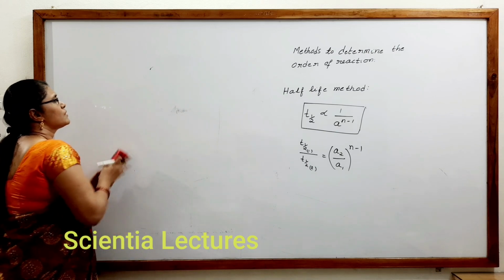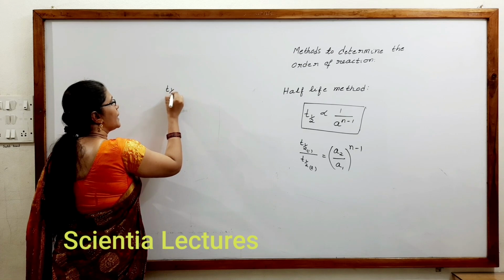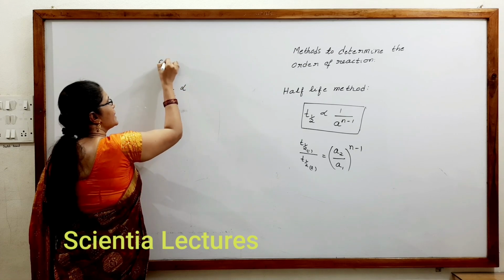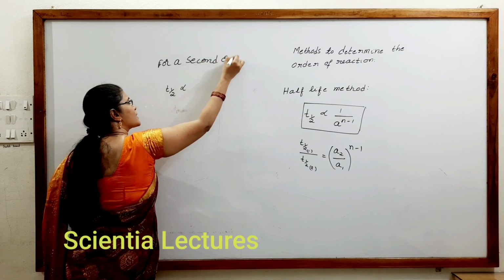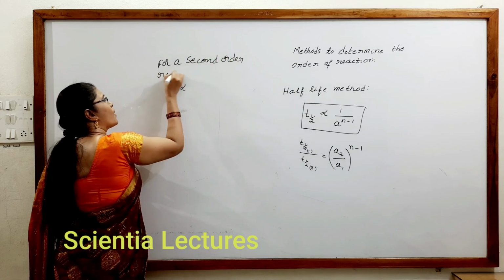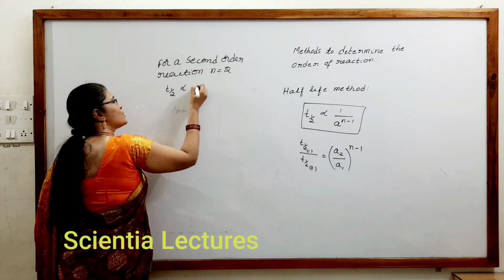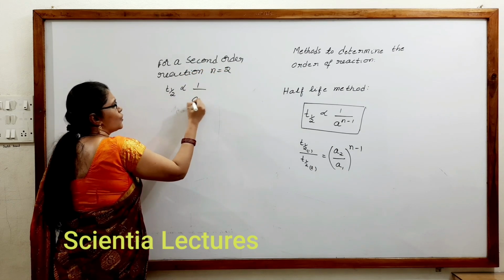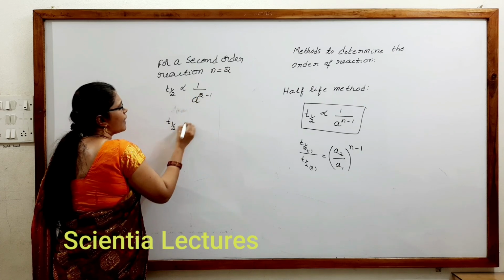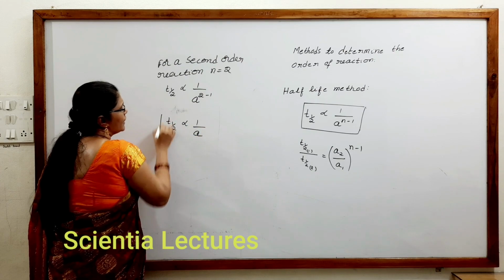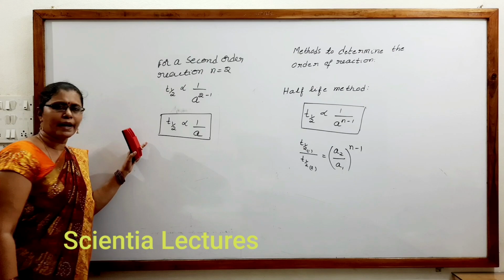Now, suppose we take a second order reaction. What is n equal to? n equal to 2. T half is proportional to 1 by a power 2 minus 1. That is, T half is inversely proportional to a for a second order reaction.